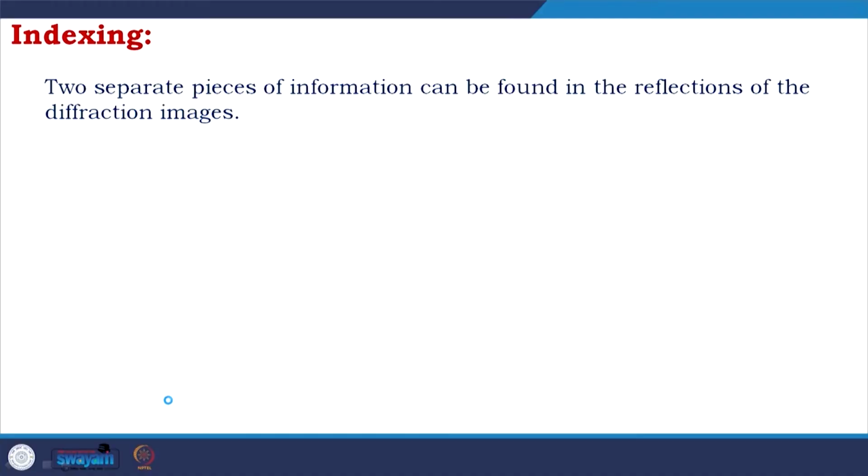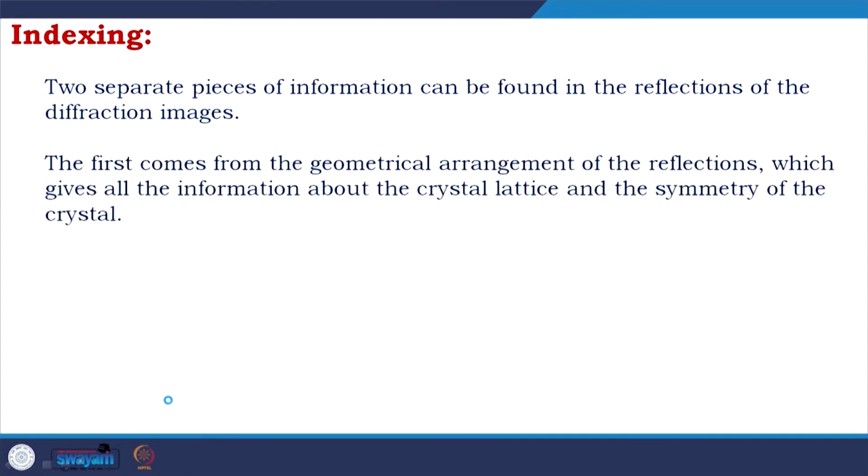Here we have to think about two separate things. Two separate pieces of information can be found in the reflection of the diffraction image. The first comes from the geometrical arrangement of the reflection, which gives all the information about the crystal lattice and the symmetry of the crystal. And now you start realizing why I have spent 2 classes explaining the crystal lattice, the unit cell, and the symmetries.